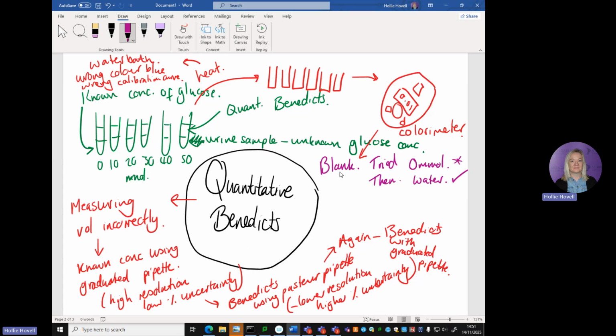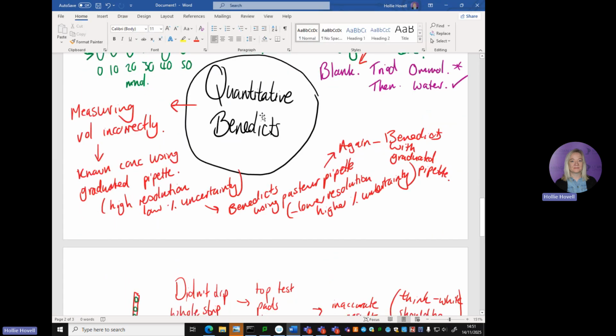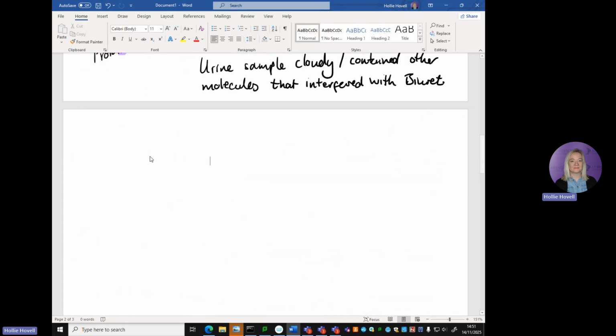Okay, so then you might remember what we did. We used those known concentrations to plot our calibration curve, and our calibration curve looked something like this. Okay, and then what we did is we measured our unknown urine samples where we didn't know what the concentration was.